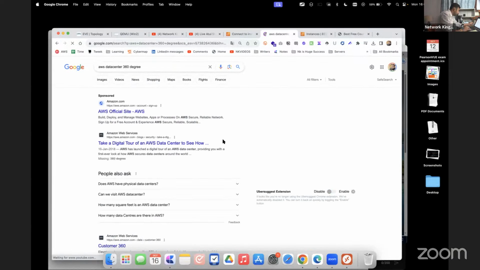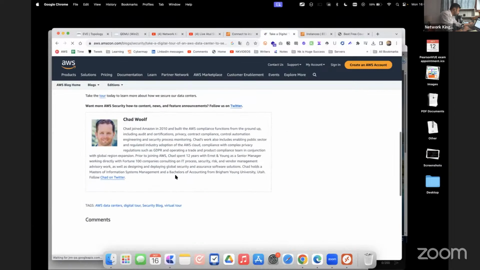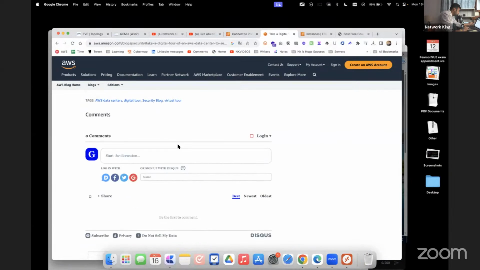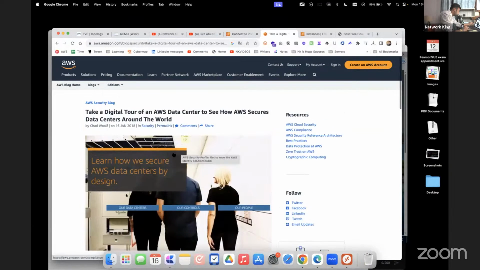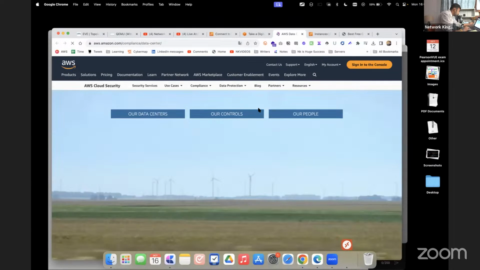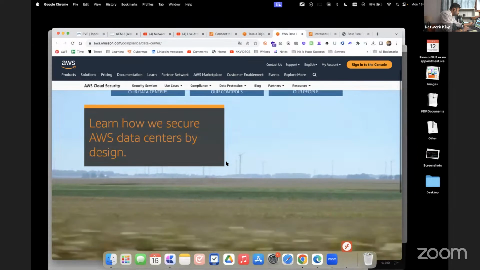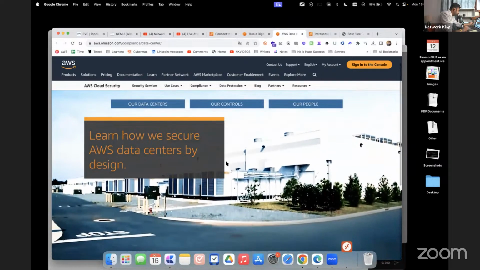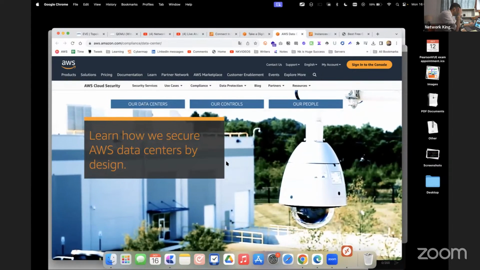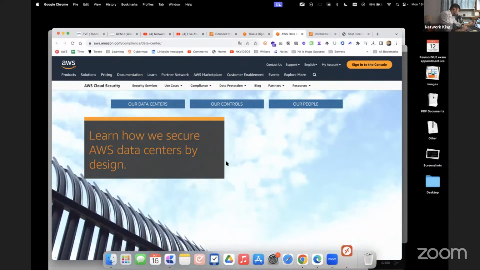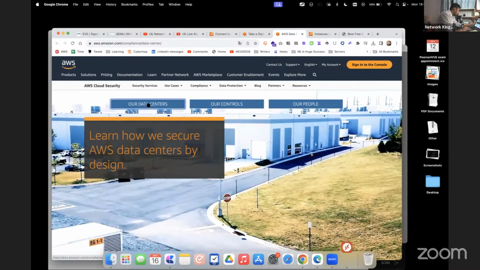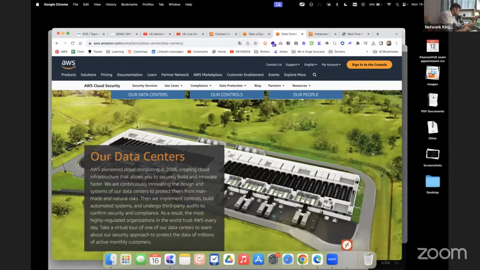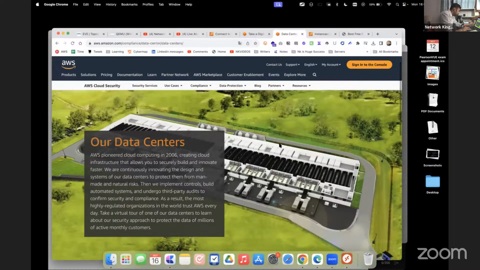so you can always take a digital tour of these. ये देखो. So always explore what exactly they are doing. Okay, so this is what we call updated knowledge होना चाहिए आपको. Okay, कि क्या चल रहा है. Our data centers, you can see this is how they could build AWS data centers.